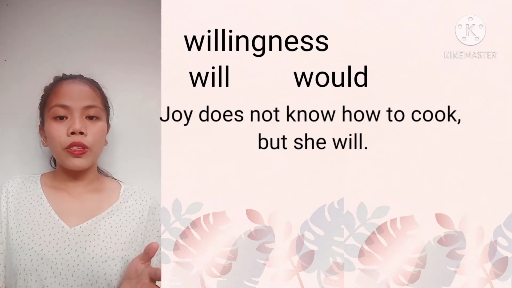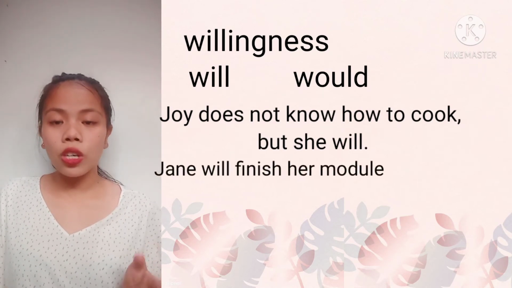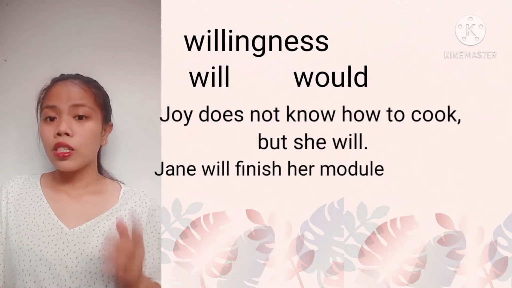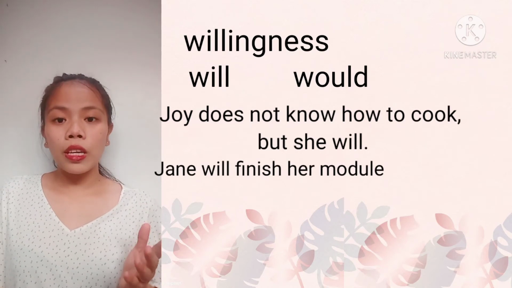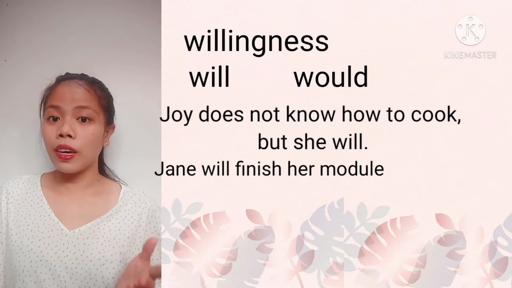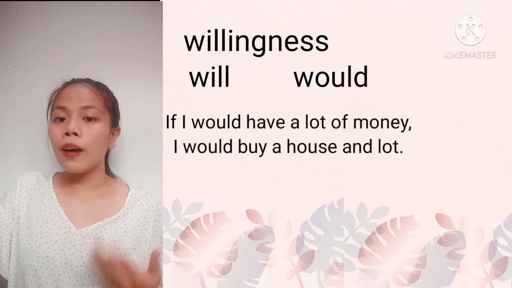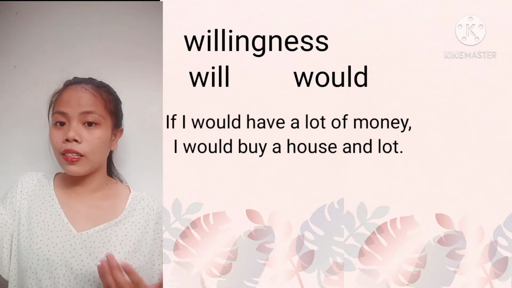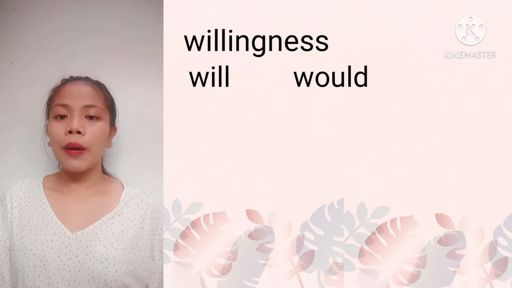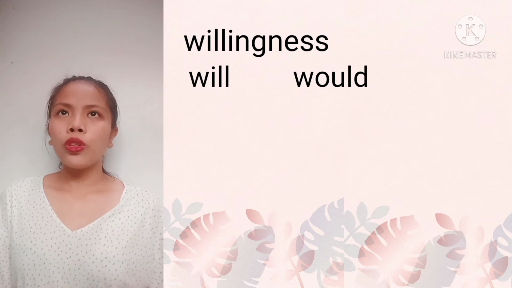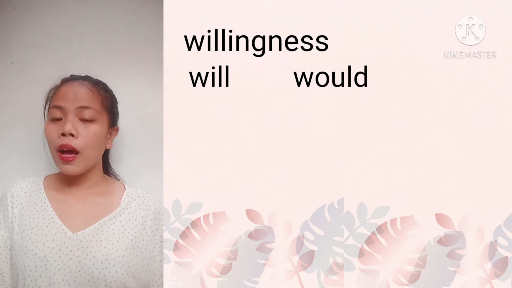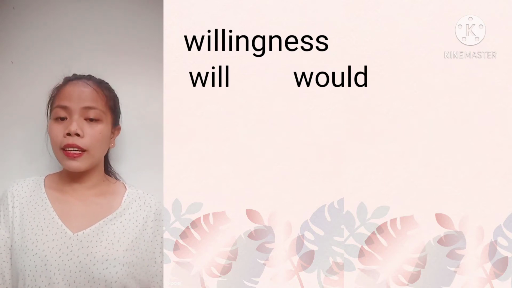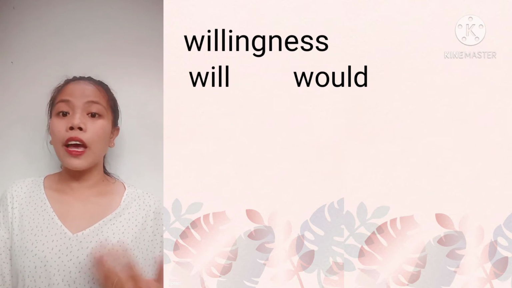Another example, Jane will finish her exam today. If I would have a lot of money, I would buy a house and lot. Next example, if I would pass the entrance exam, then I will get the course that I really like, which is education.